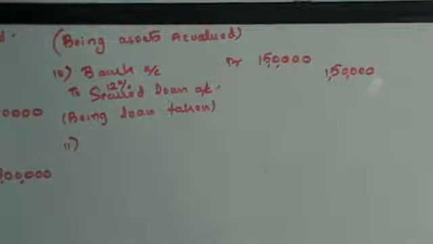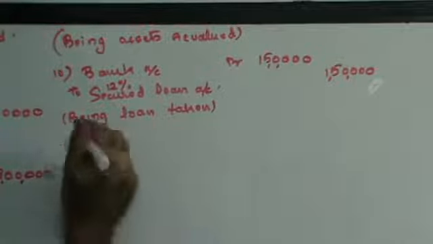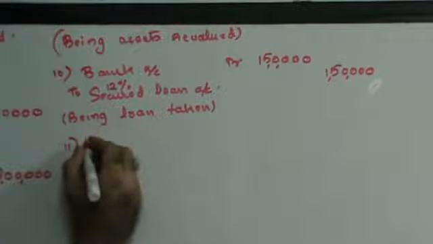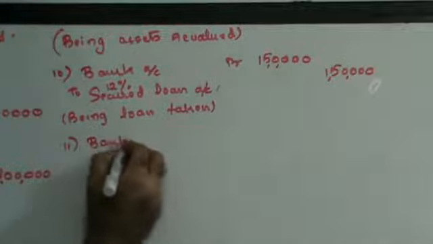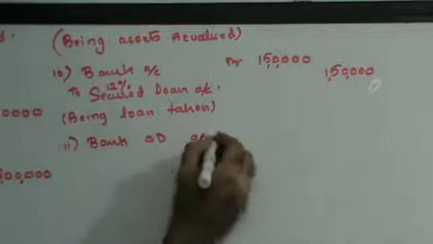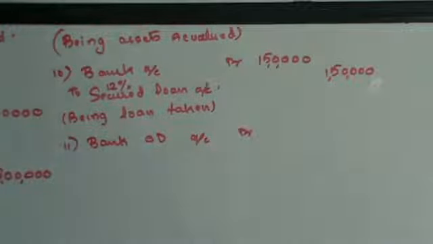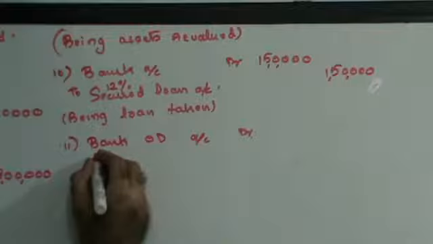Next, by mortgaging land and building for repayment of bank overdraft, bills payable and reconstruction expenses. Bills payable we have already paid. Now the only things I have to pay now is bank overdraft and reconstruction expenses. Pay means money will be on the credit side. So bank overdraft account debit. Right? Now I do not have the word reconstruction expenses in the balance sheet. So I cannot use that word in the journal.